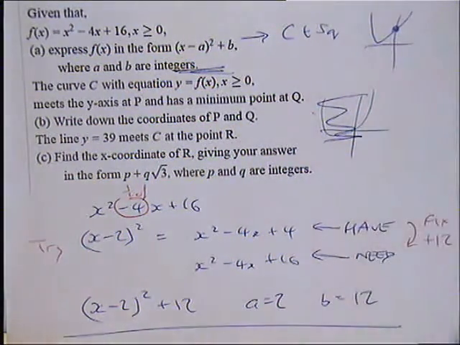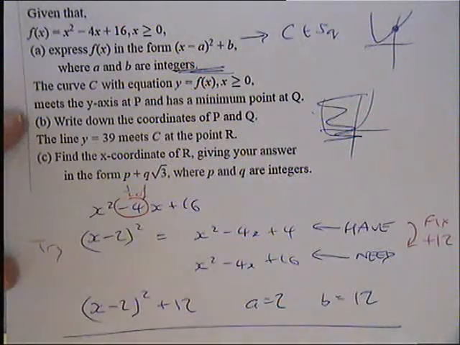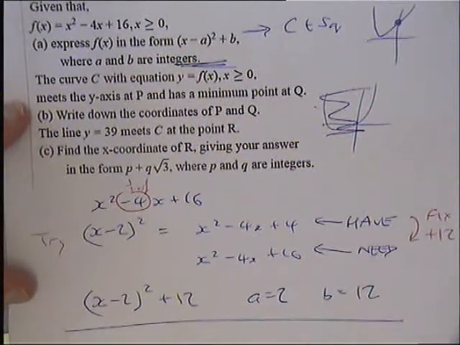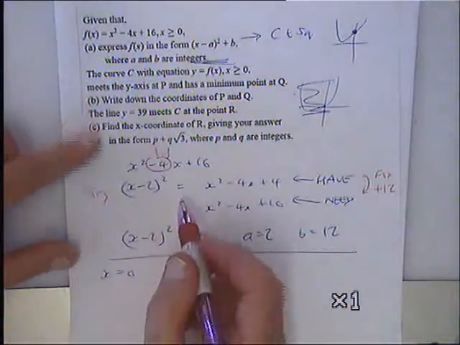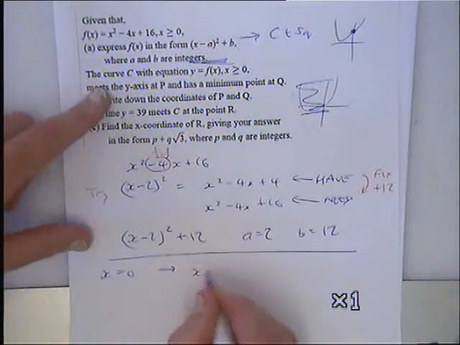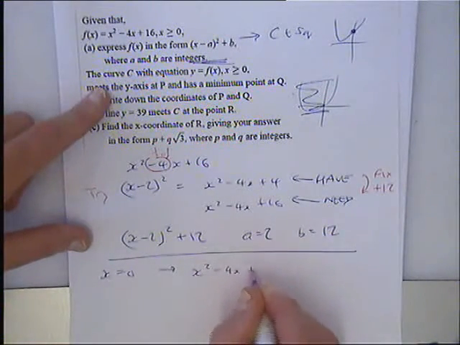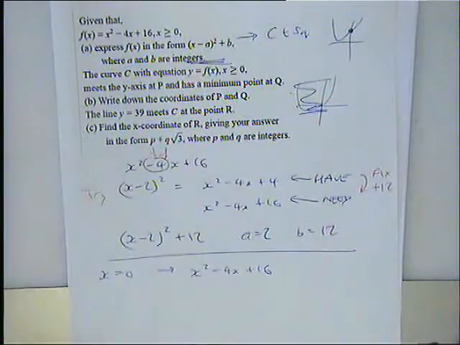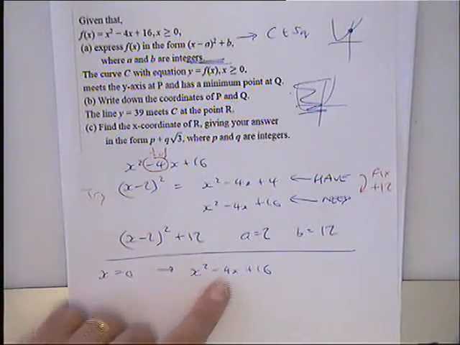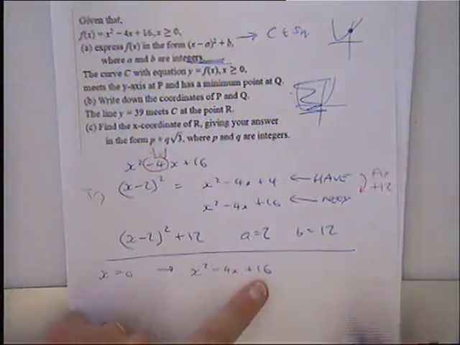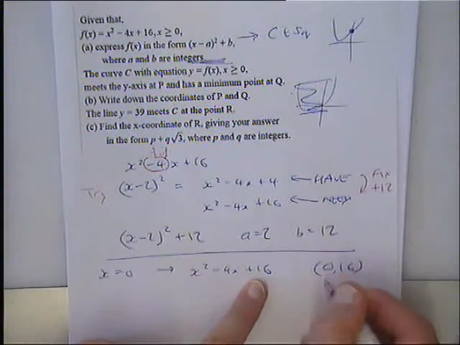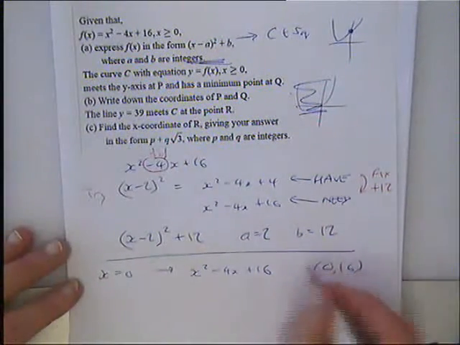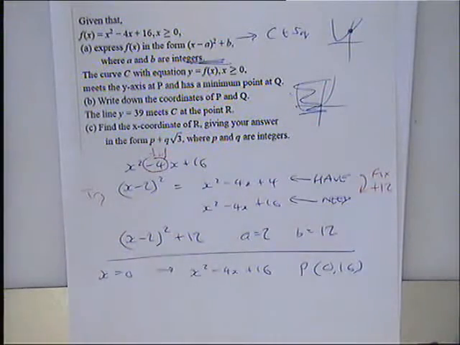Yeah, so crosses the y-axis at P, x equals 0. And if I stick x equals 0 into x squared minus 4x plus 16, the x squared bit is 0, the x bit is 0, I get 16. That's my y bit. So my coordinate of P is 0, 16.